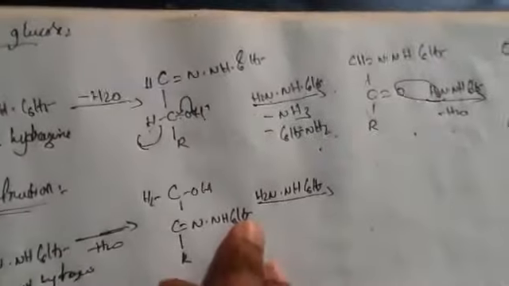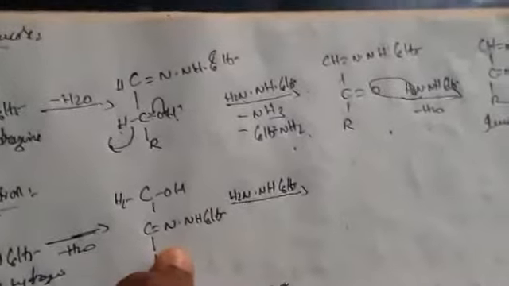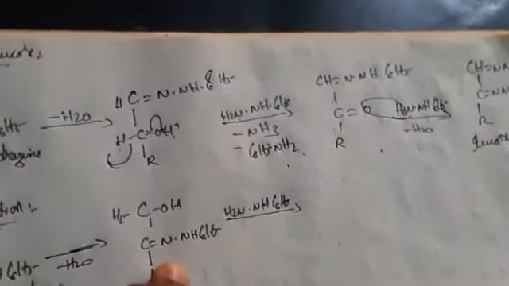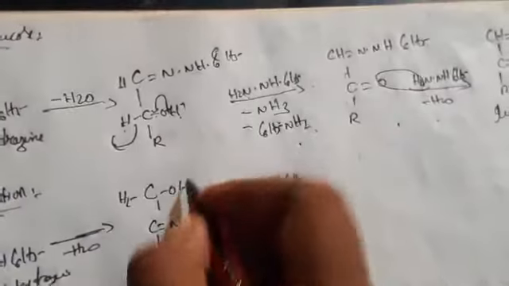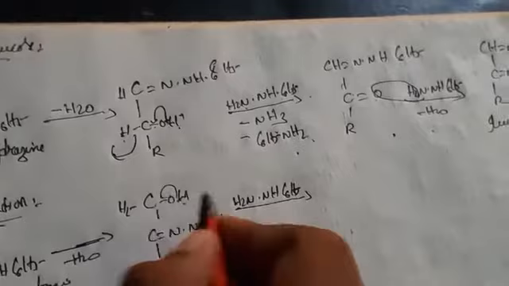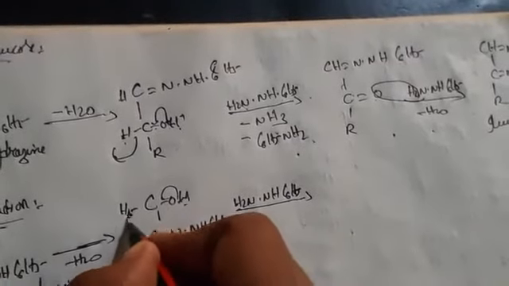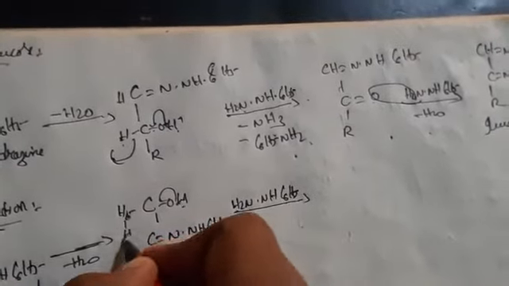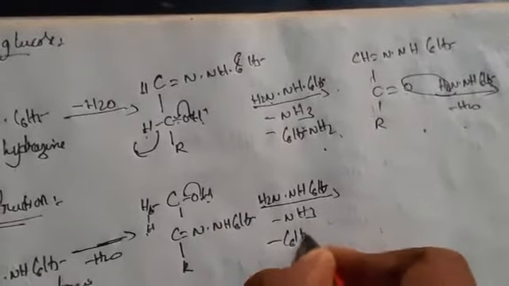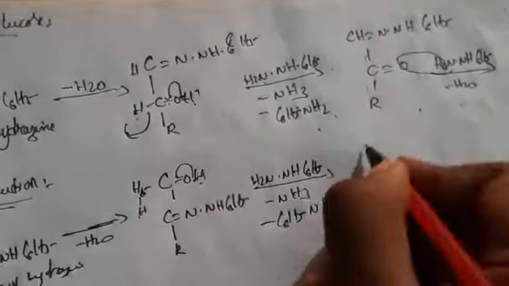Same like that only. You are losing minus, so here the OH bond becomes double bond O, here H and H, H2 can be written as minus NH3, minus C6H5NH2. So still what remains?